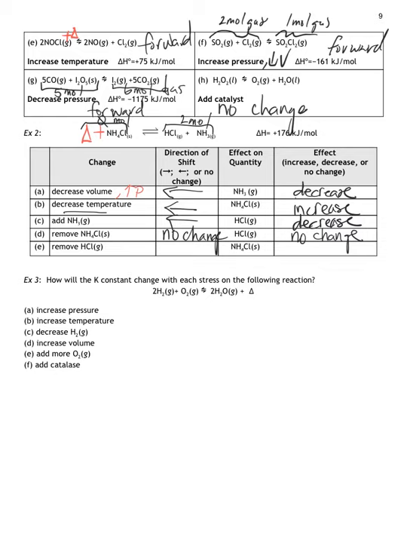Removing HCl. If I remove HCl, I want to make more of it, because I want to undo this change, this stress. So how do I make more? Well, I go towards it. So it would be moving this way.